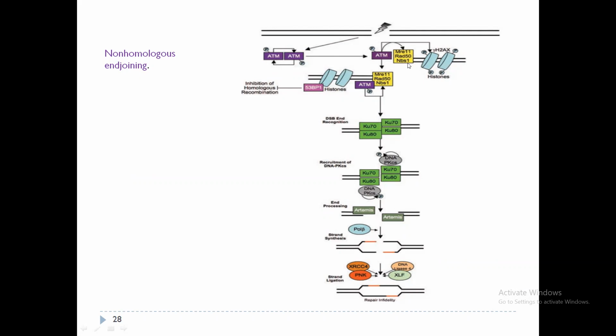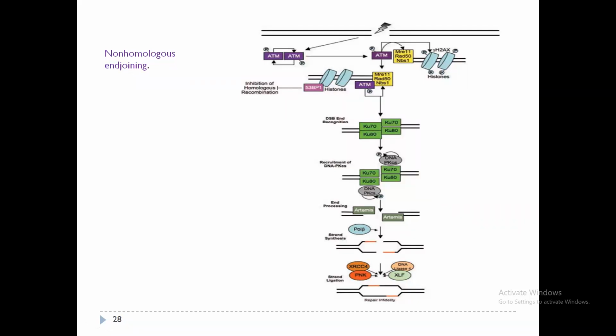So this results in resection of the DNA ends. Then here we can see clearly the 53BP1 protein. So this inhibits the homologous recombination repair so that this cycle goes in the path of non-homologous end joining.